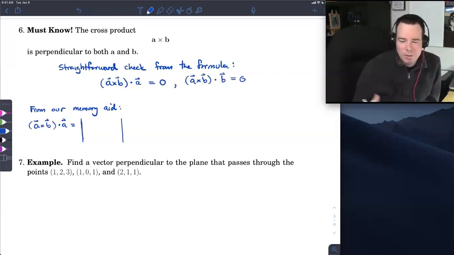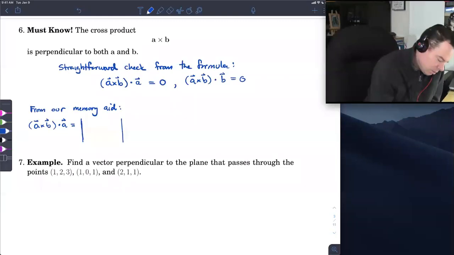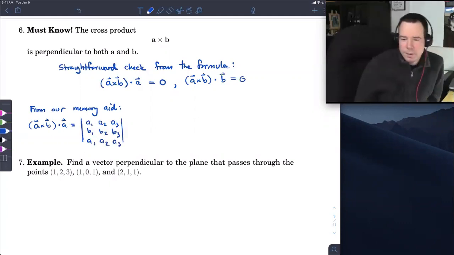And then we would, in some sense, just be plugging in the components A1, A2, A3 for i hat, j hat, and k hat. So this would turn out to be equal to the determinant of this matrix here.